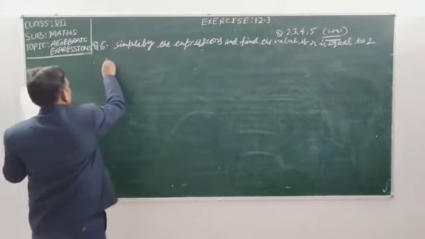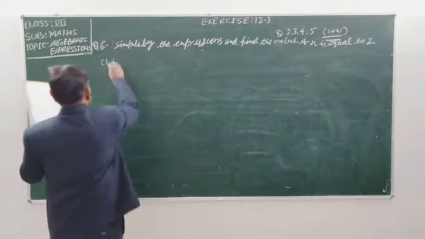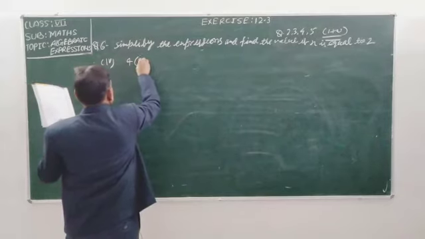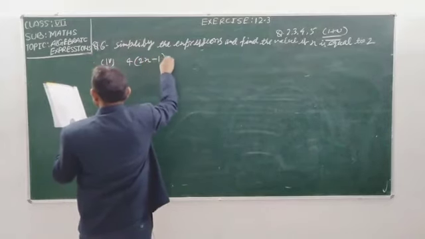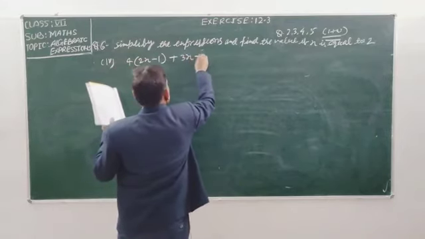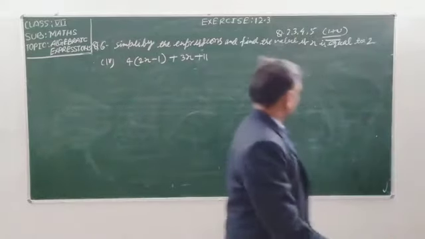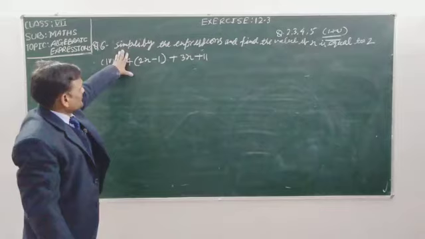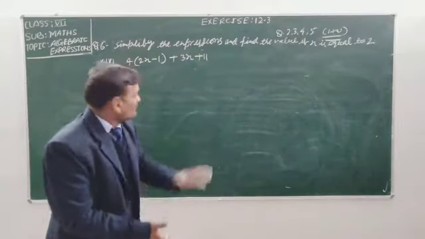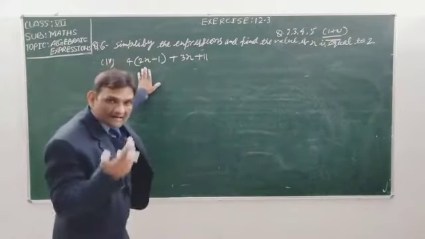I am taking only one part of this question, the fourth part: 4 times the bracket 2x minus 1, plus 3x plus 11. Student, the question is saying simplify the expression. Means firstly we need to simplify the given expression. पहले तो जो दिया हुआ expression है उसको हमें सरल करना है.